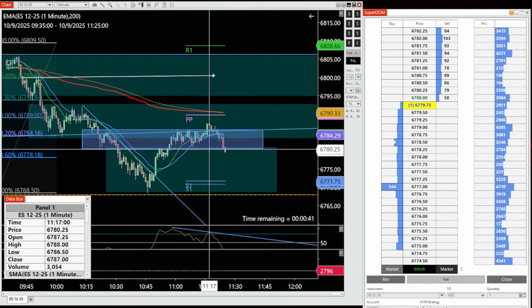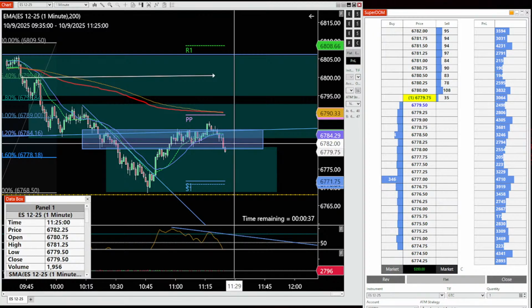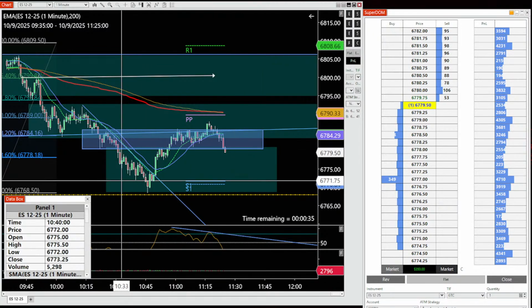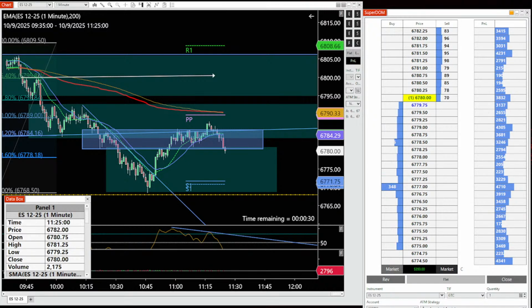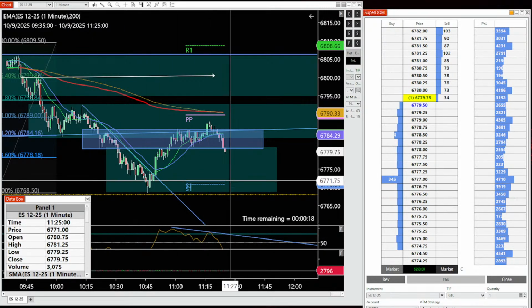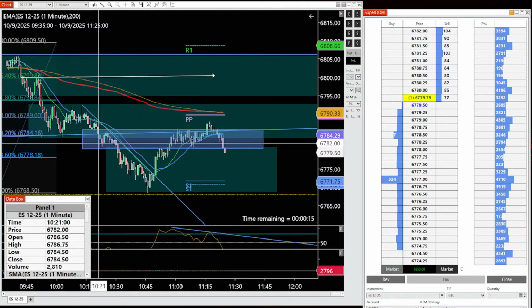Okay. I missed the move. Missed the little move. Could have took the move. There's 78. Got another. Okay, we got this low of 80 that broke. We got this low here of 80 that broke.